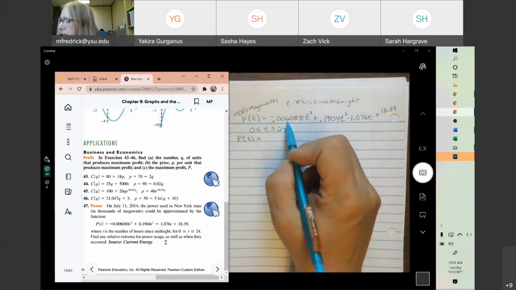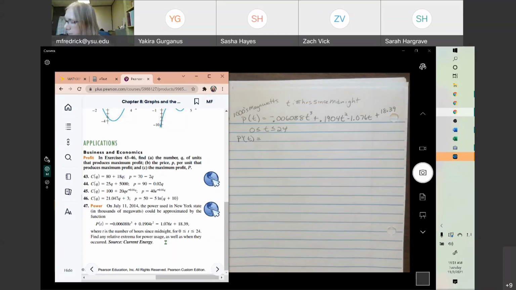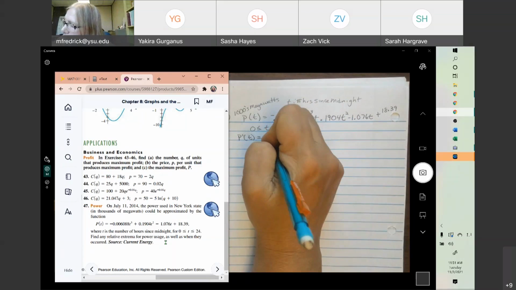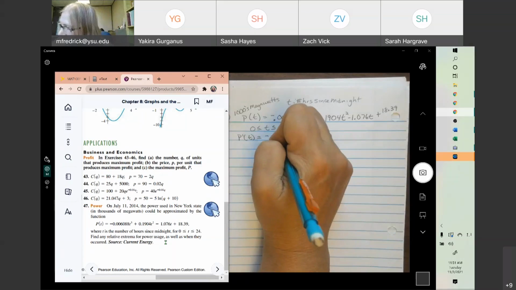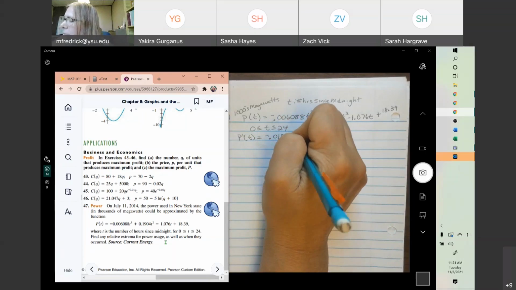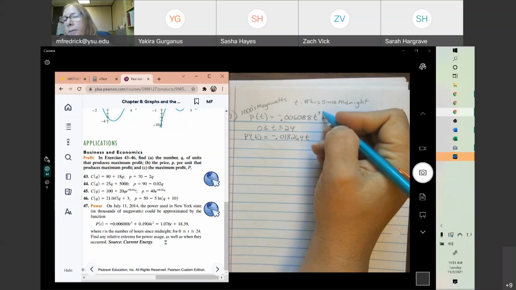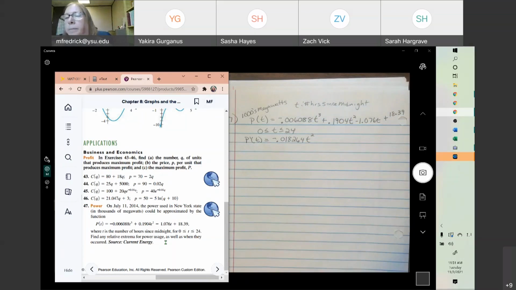Three times this decimal is a negative 0.018264 t. Subtracting 1 from your exponent, you get a 2.